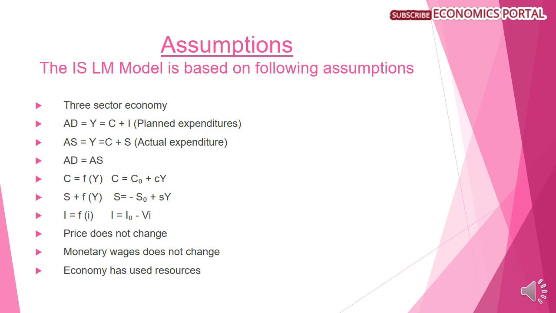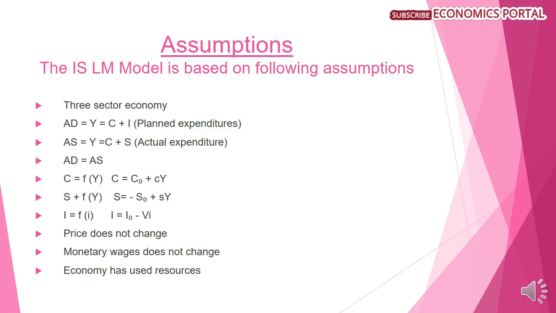The consumption function is C naught plus Cy, and C naught shows that this is the autonomous consumption, which is made whether you are earning something or not. The saving function is minus S naught plus Sy, which shows saving is negative when the income is zero.